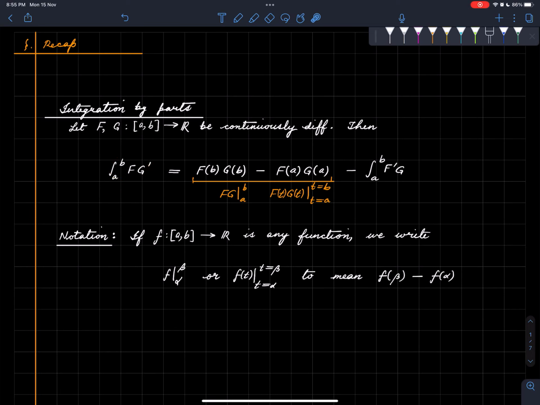This is just a direct application of the chain rule, and since this is somewhat of an unwieldy expression, we develop a standard notation: suppose we have any function defined on, let's say, a closed interval, then we write this or that to mean this difference, where alpha and beta are points in the domain of f. So with that notation, this thing can be expressed either this way or that way. So much more compact than this one.